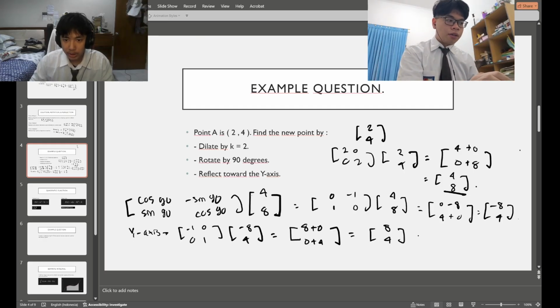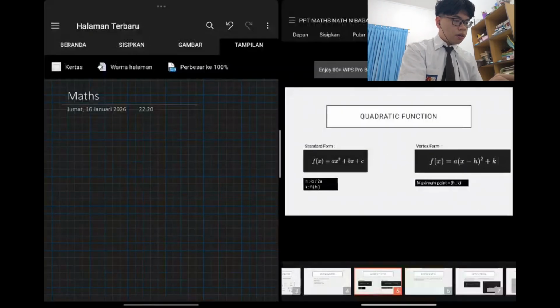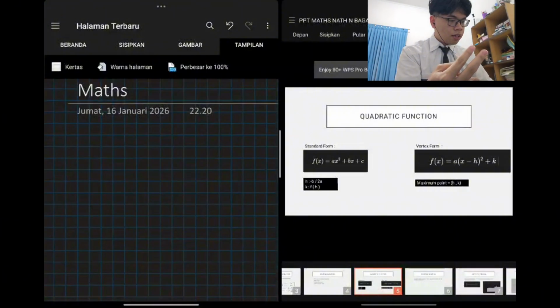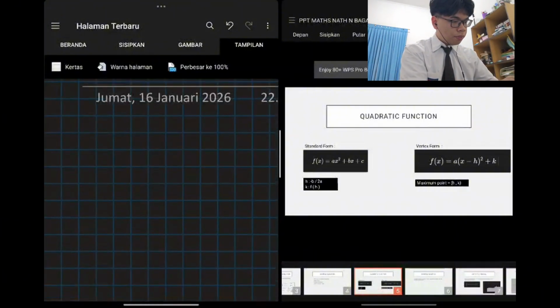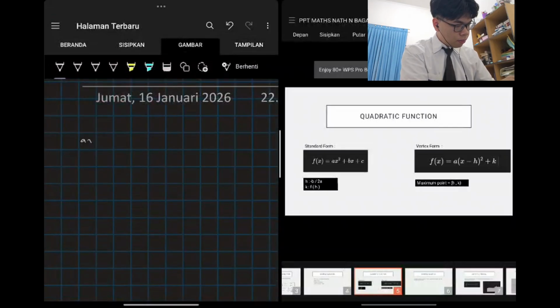Okay, now I'm going to talk about the quadratic function. The quadratic function has two general formulas, the first one being y equals ax squared plus bx plus c, and the second one being y equals a times (x minus h) squared plus k.